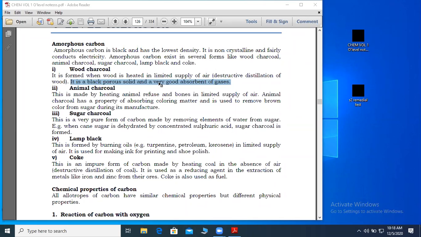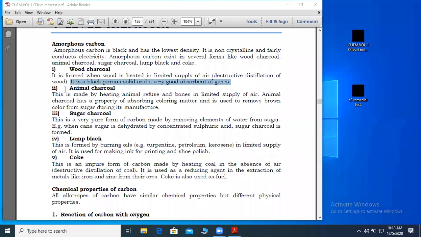That is wood charcoal. Uses, I've told you, it is used as fuel, then it is used to absorb poisonous gases in the stomach. Now, one form of amorphous carbon is done, and it is wood charcoal.